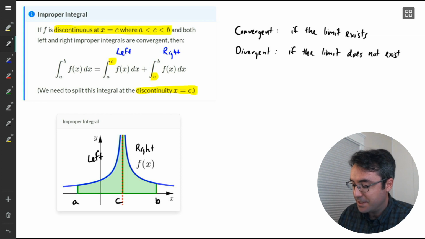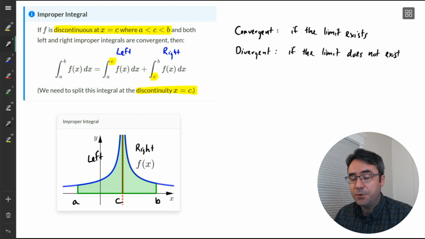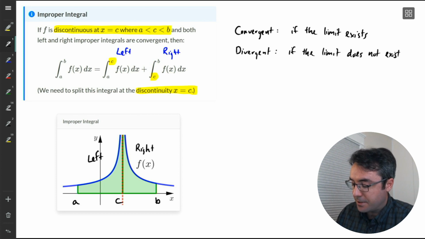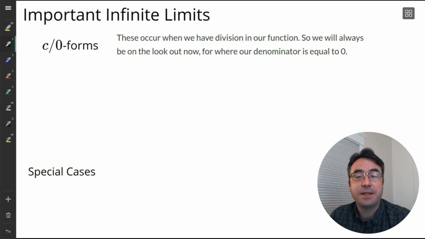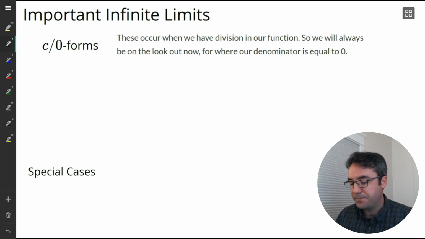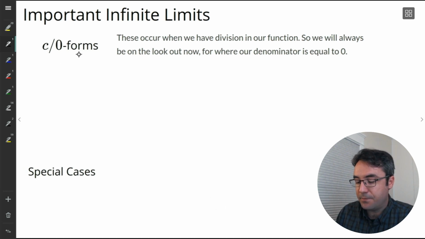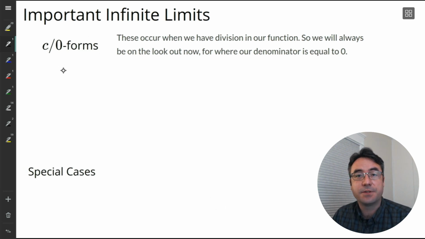All right, so let's see an example. We're going to look at a few examples, but before we do that, we want to consider just a few important infinite limits. For the most part, when we talk about these types of improper integrals, we're going to be looking at where our function has a vertical asymptote. And so the most common one we're going to consider are the c over 0 forms.